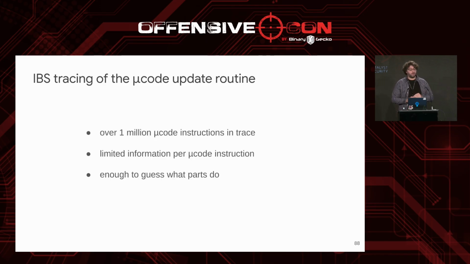In total, there are over 1 million microcode instructions in the trace of the microcode update routine. The information per instruction is not a lot, you only get the memory address information, but all of them together really tell a story of how this function is implemented.